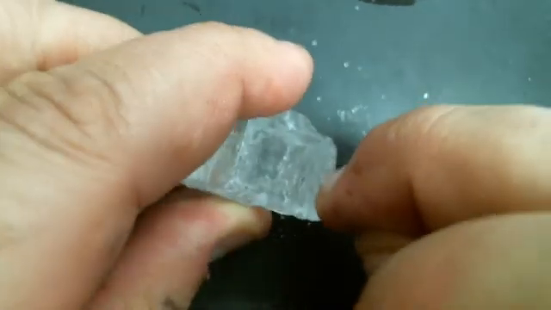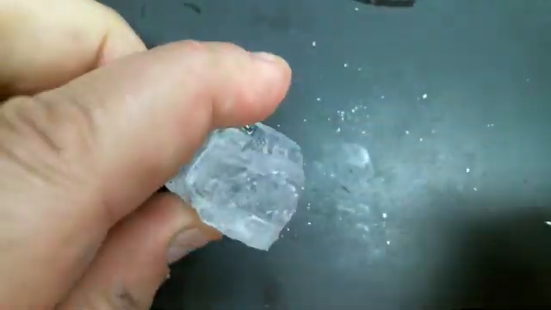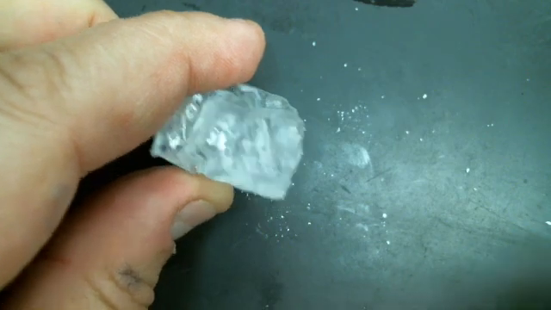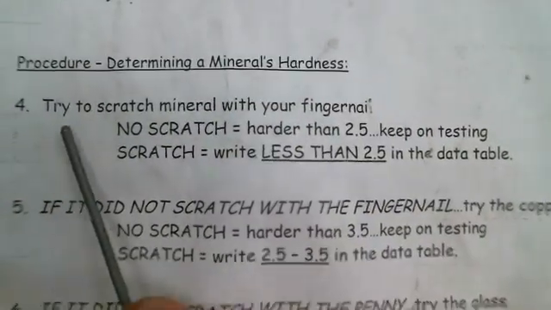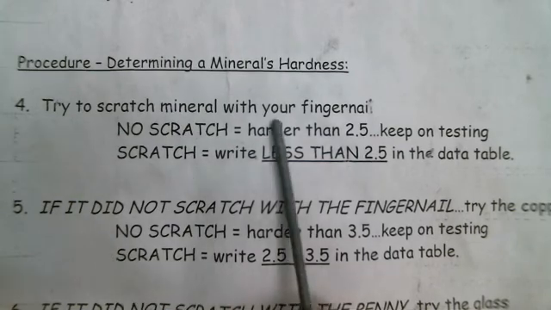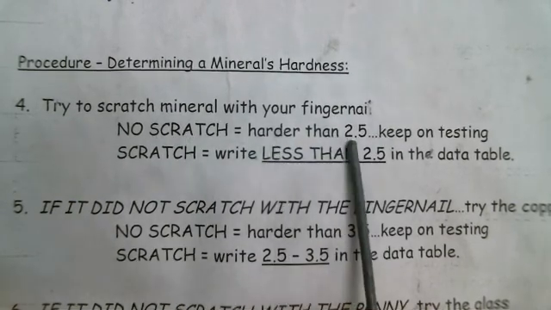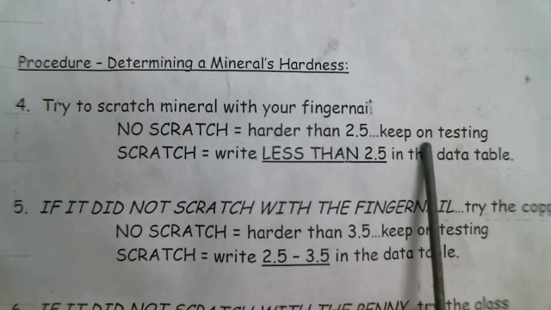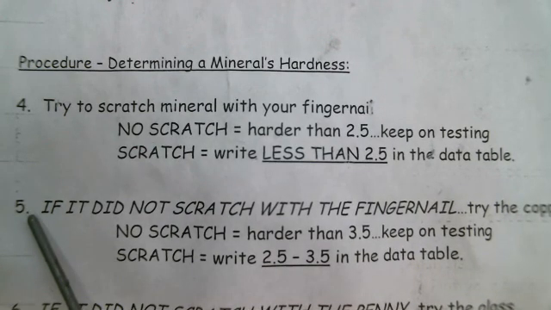I first try to scratch it with my fingernail, and I'm not making any scratches on this at all. So I look at this chart here. Number 4, try to scratch the mineral with your fingernail. No scratch. It's something harder than 2.5. We don't know how much harder it is, so we've got to keep on testing.